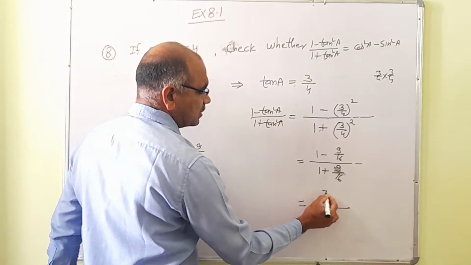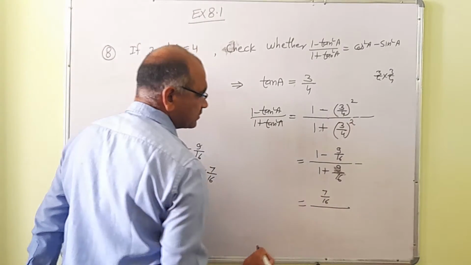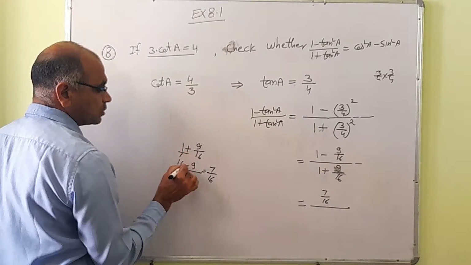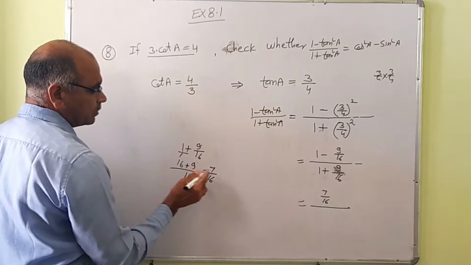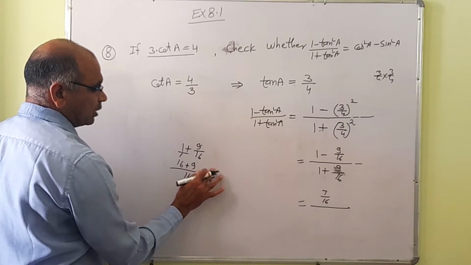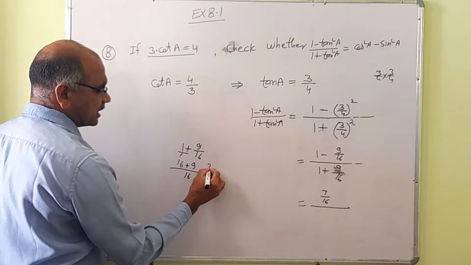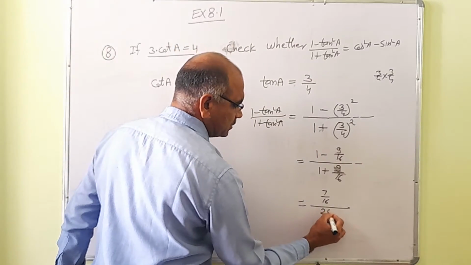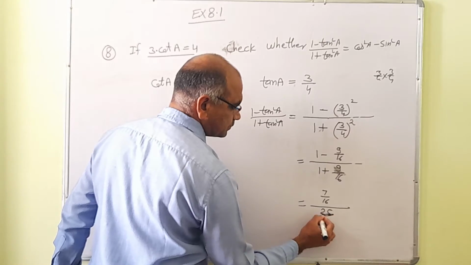So our upper side is 7 upon 16. And lower side is positive. So put here positive sign. You will get in lower side 16 plus 9, 25. 25 upon 16.